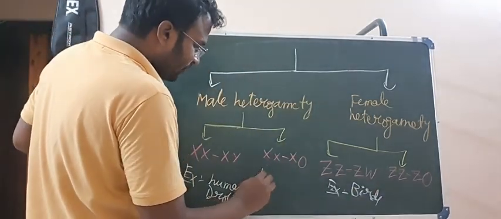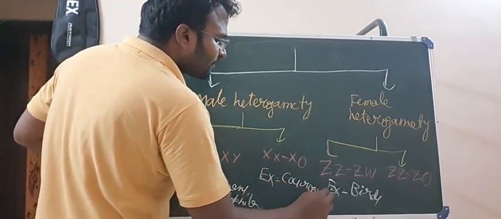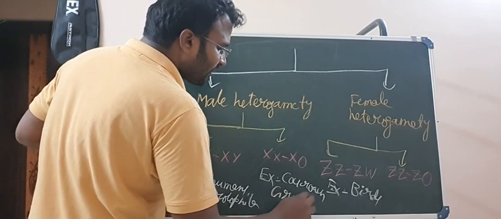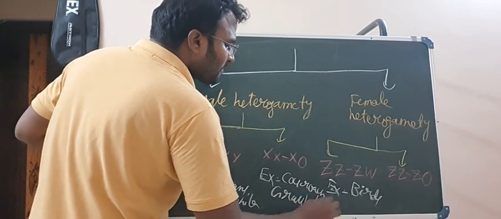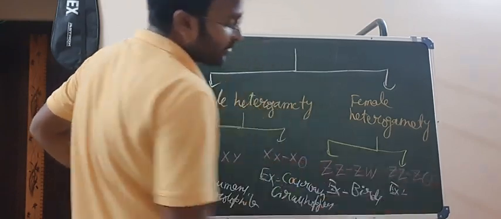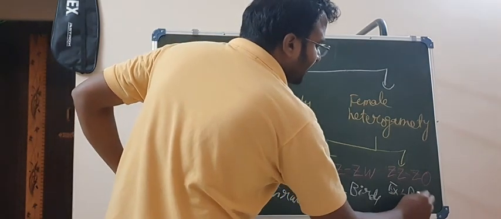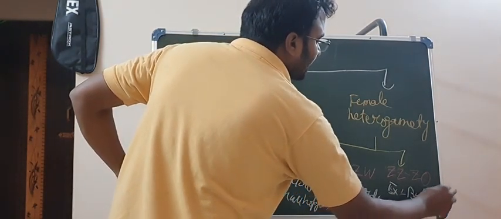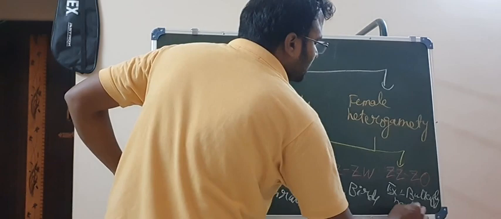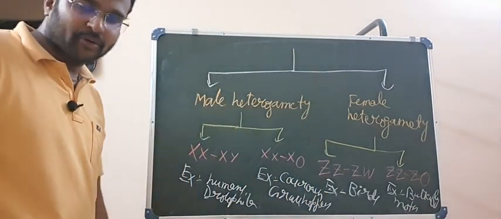XX, XO, best example if you take cockroach, grasshopper. For this ZZ, ZO type of sex determination, the best example is butterfly and moth. So this is what male heterogamety and female heterogamety.